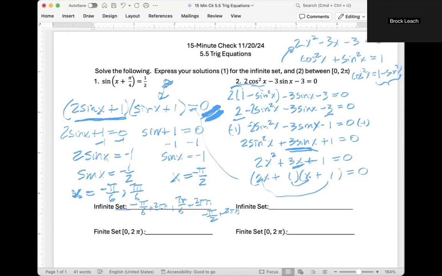Now, when we go to do the finite set, we need to figure out what all those would be, right? Negative pi over 6 isn't between 0 and 2 pi. So we need to figure out what that would be, which would be 1 less than 12 pi over 6, which is 2 pi, right? 12 pi over 6 is 2 pi. And if I add negative pi over 6 to that, we get 11 pi over 6. So that's one of my solutions here, 11 pi over 6. And then 7 pi over 6 is in there.